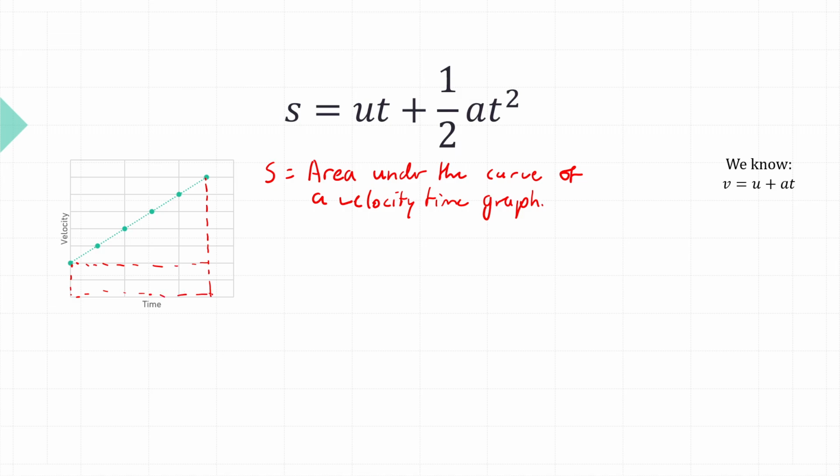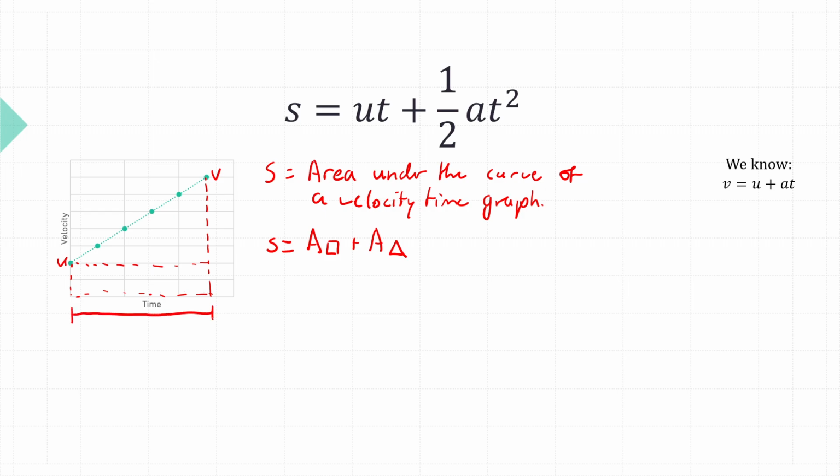And so what we can say is that the displacement is going to be equal to the area of the rectangle or the quadrilateral plus the area of the triangle. To be able to calculate those areas, we need to know the values of the dimensions, even from just an algebraic perspective. So some things that we already know about this graph is that our top point here is v, the final velocity. Our bottom point here is u, the initial velocity.